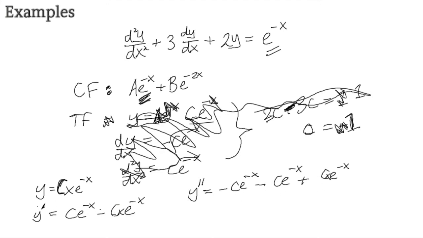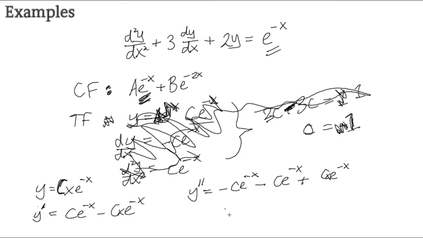Now I've written down all these expressions, we can add them up in this equation format, and it turns out the c x e to the -x terms cancel because this is -3, this is +1, this is +1, this is +2, this is +1, and so we're left with the c e to the -x components.